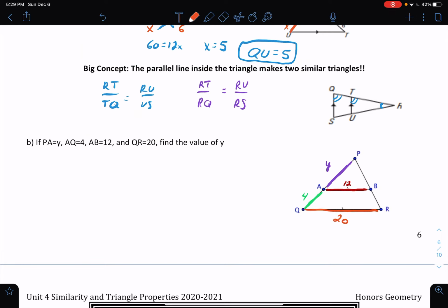Okay, well that's different, because the parallel line splits the sides proportionally, but I don't know anything about the sides over here. Instead, we want to use this concept of similar triangles.